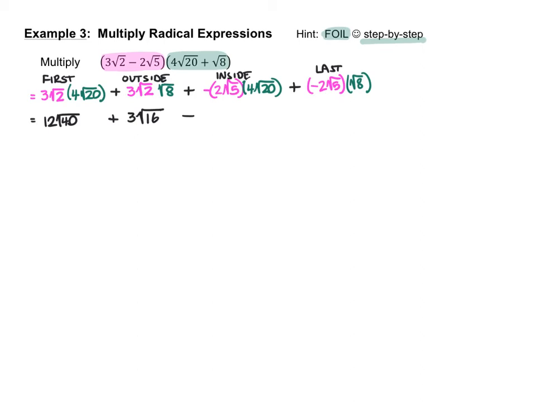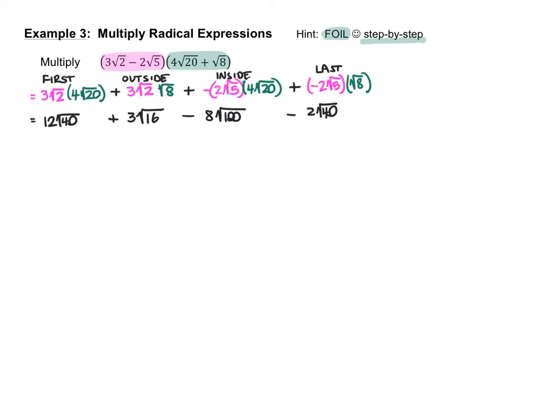And then we're going to have a minus 2 times 4, which is 8. Square root of 5 times square root of 20 is going to be square root of 100. And then another minus 2 times 1 and a square root of 5 times square root of 8, which is square root of 40.